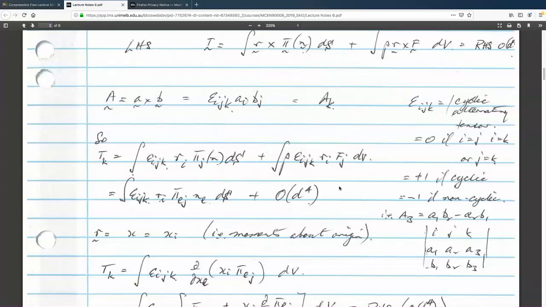All right. Now, this thing here is going to be dV, which is d cubed, and then another r, which is the size of this small volume. So that's order d to the fourth is this term here. What about this term here? Well, the first thing I want to do is replace pi_j on n, so j is the force and n is the normal.